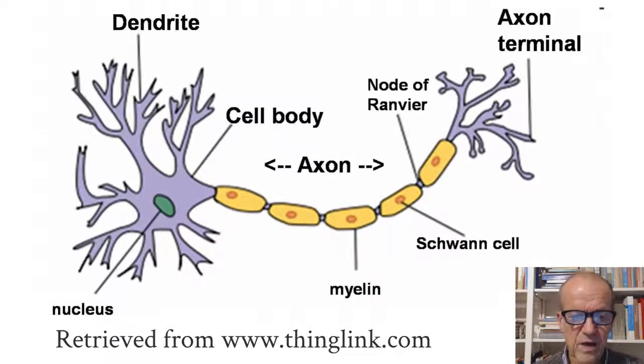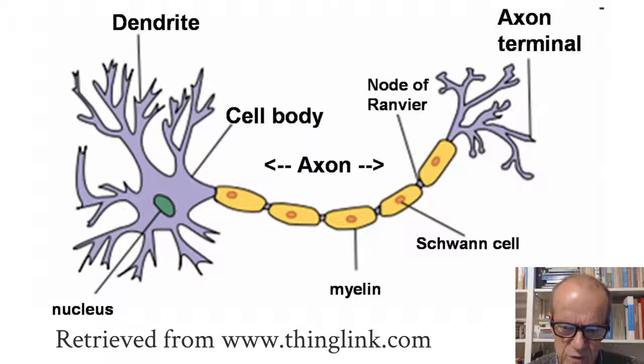Yes, as you can see, a neuron has a cell body, the gray area with the dendrites on the left, with a nucleus in it, and there is one particular structure, the axon, which connects the neuron to another neuron.